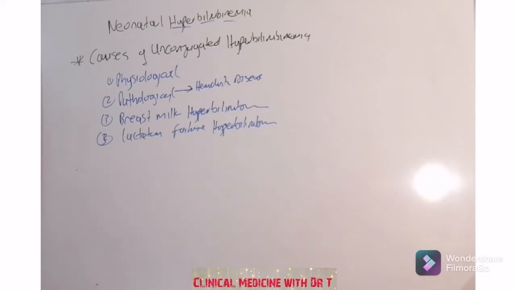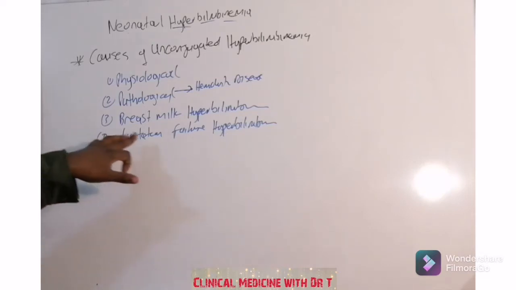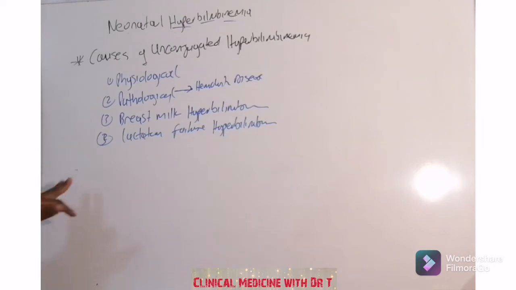But with unconjugated hyperbilirubinemia, it could be that they are having just physiological hyperbilirubinemia, which is okay, or they have breast milk hyperbilirubinemia, or they have lactation failure hyperbilirubinemia. Most sources of information will say this is breast milk jaundice, and then this is breastfeeding jaundice.